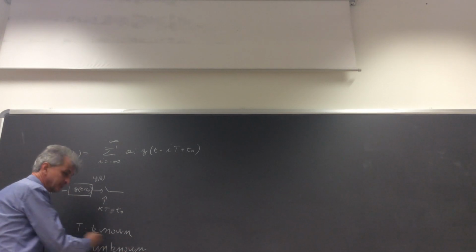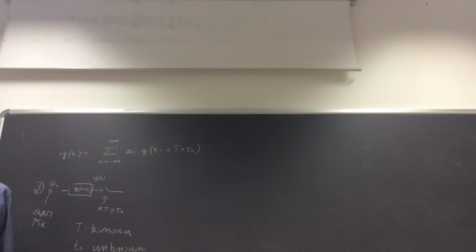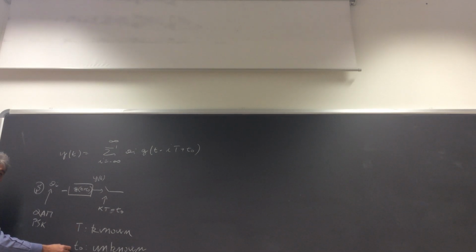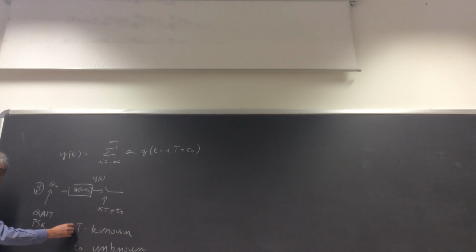It is not subject to random walk. Then of course we can make our study more accurate by introducing some other model for the T0. But the first approach is this. The symbol frequency is known. The timing parameter T0 is unknown. This is like the frequency of the carrier, the phase of the carrier.